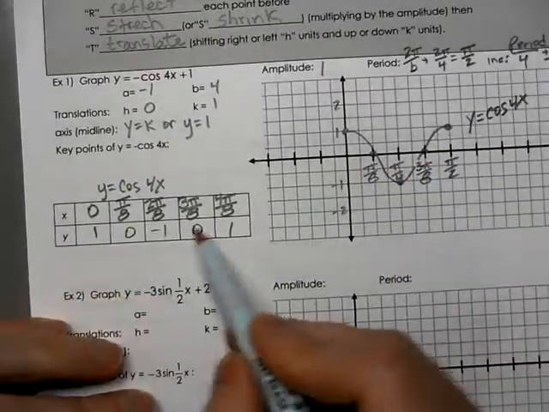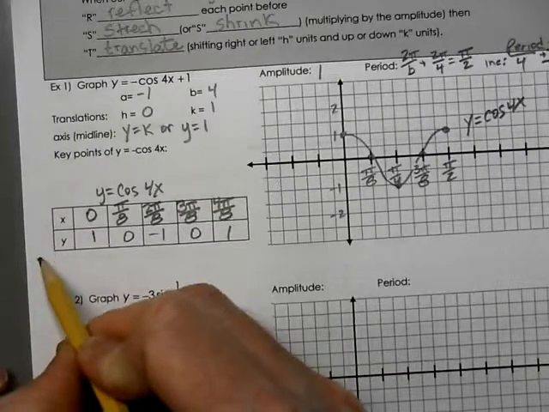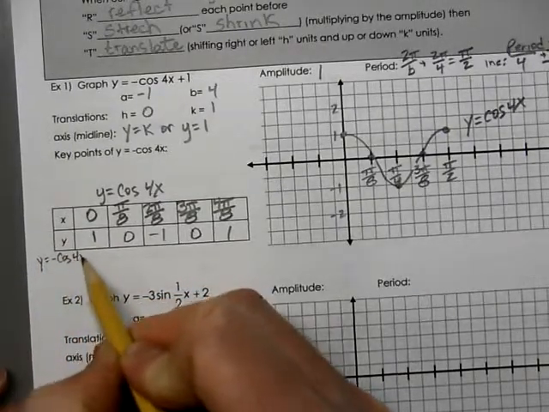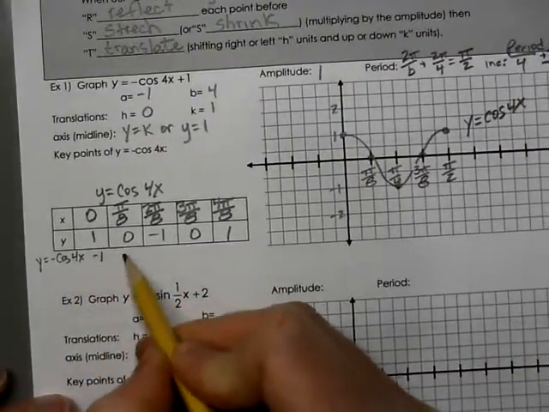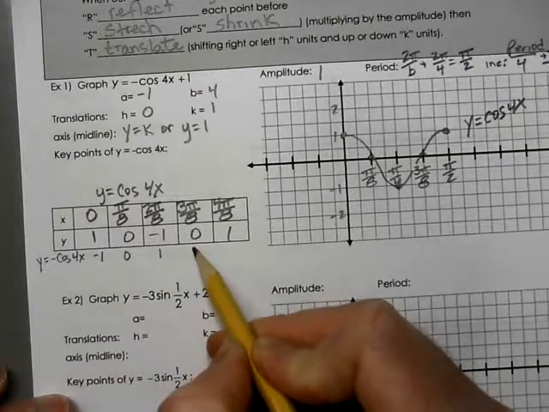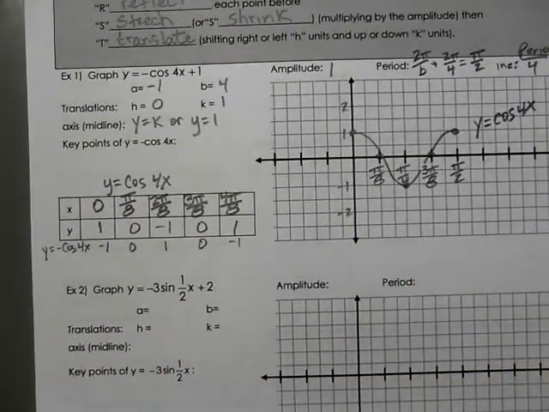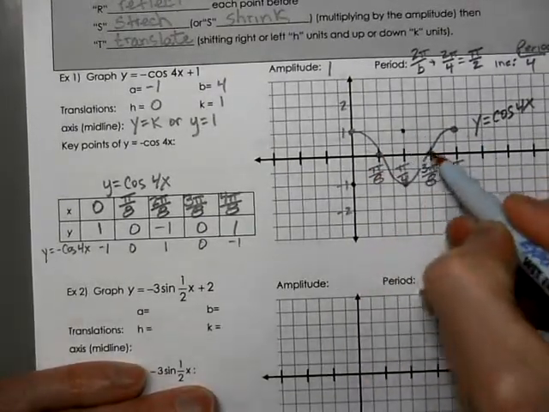We're going to take all of our y values and multiply those by -1. If you would want to write negative cosine of 4x, that would give you -1, 0, +1, 0, and -1. You could build that table on. That helps you organize to know where you're putting your values.